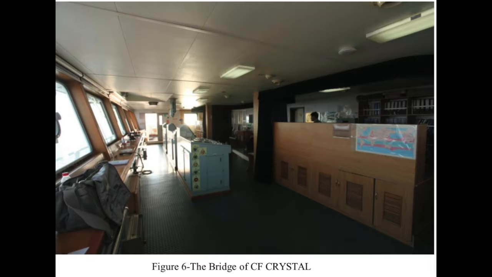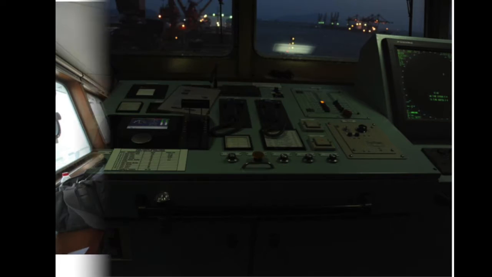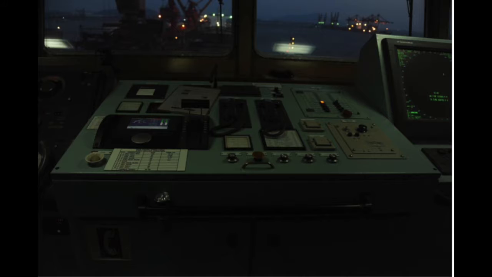Besides the target's presentation on the radar picture, the bridge layout also has this kind of problem. We can see from the bridge of the CF Crystal, the radar was away from the window. So if any officer of the watch is looking at the radar, he has no time to go to the window to check what the real vessel size is.